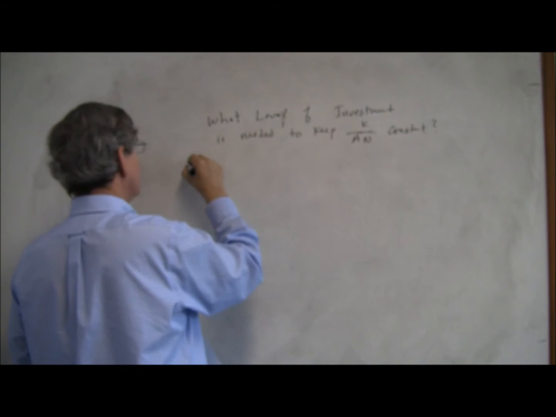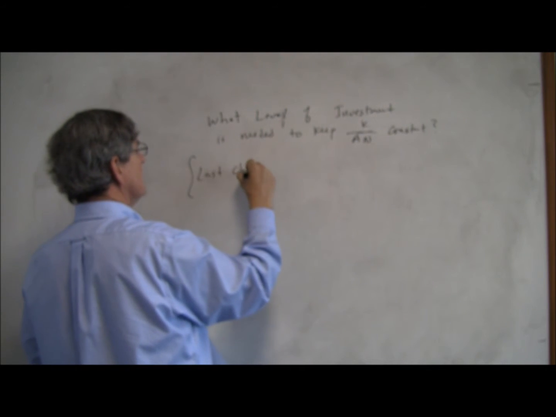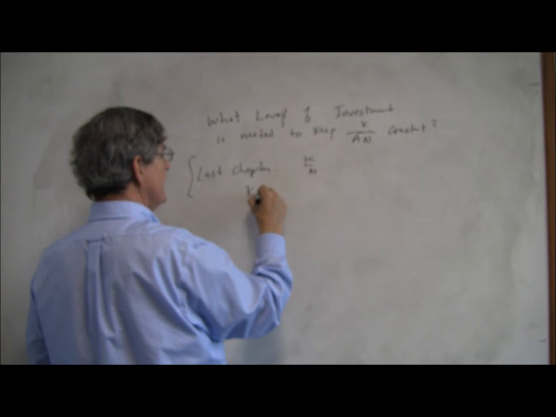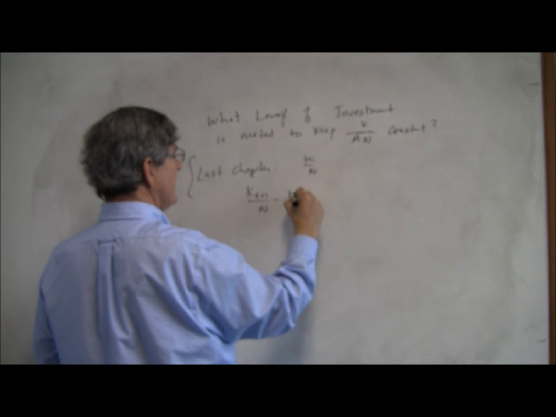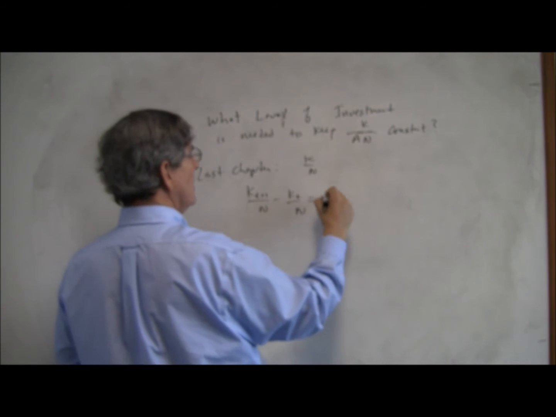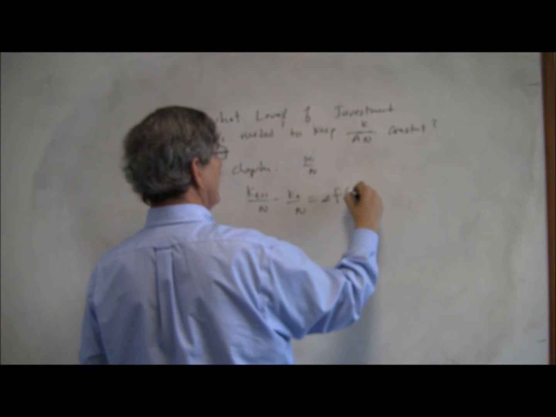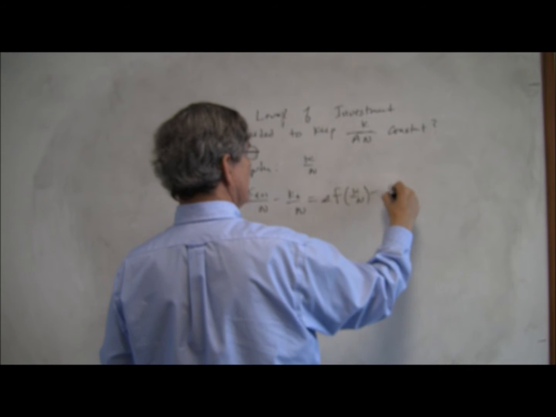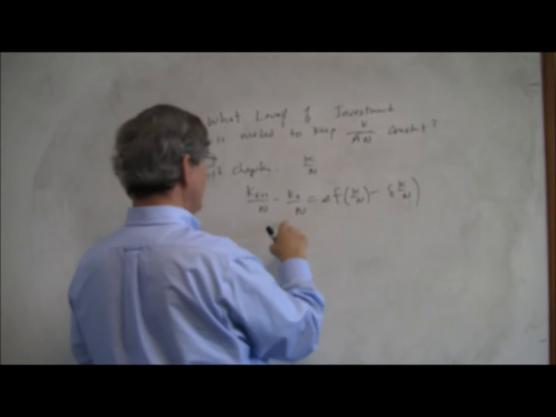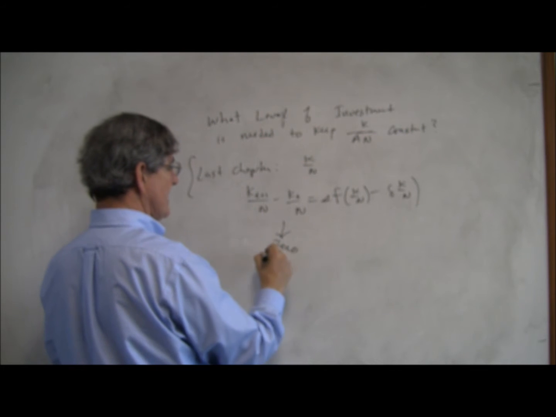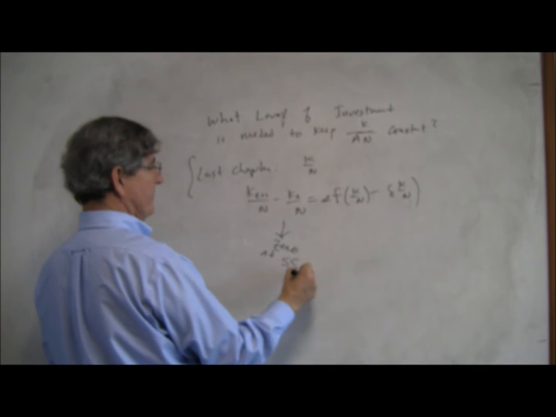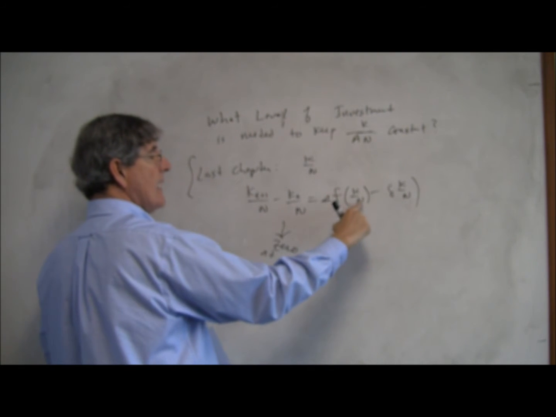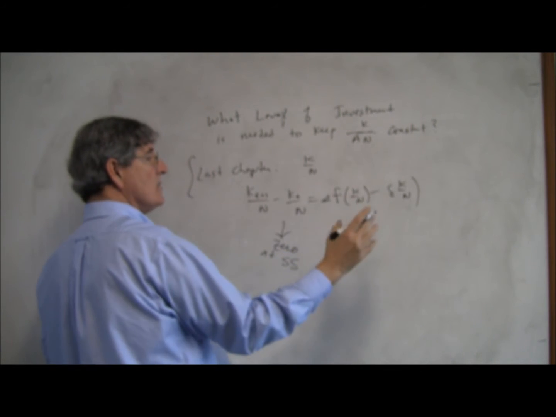Last chapter, we looked at K over N. We used that K(t+1) over N minus K(t) over N, that's the change in capital, was equal to s f of K over N minus delta K over N. And this had to be 0 at the steady state. And so this equaled this. But in the last chapter, N was constant and A was 1. It was also constant.